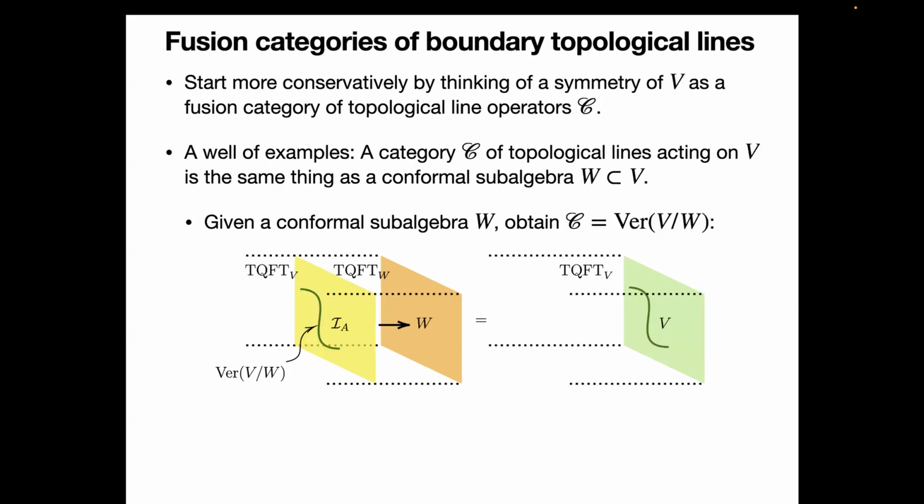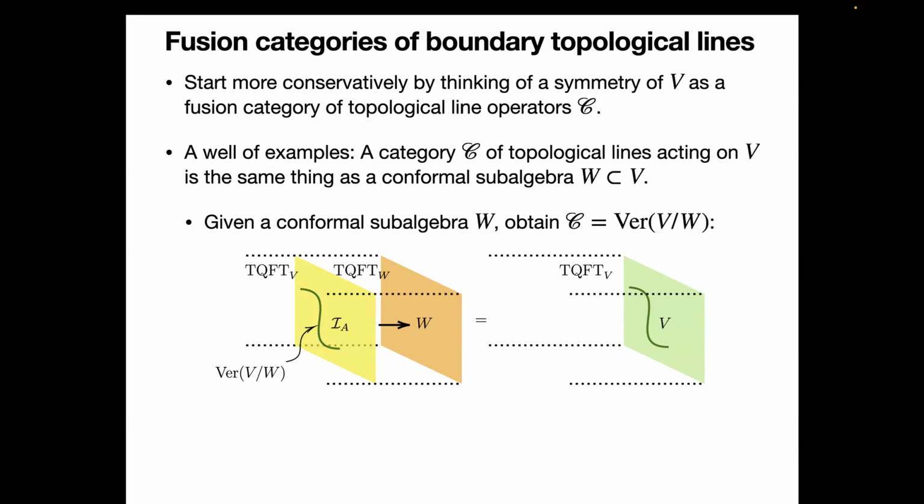So why not just start by considering topological line operators which live on the boundary? How do we get these? I claim in some sense that every fusion category of boundary topological line operators corresponds to a conformal subalgebra. And why is that? Well, basically it's the SymTFT.